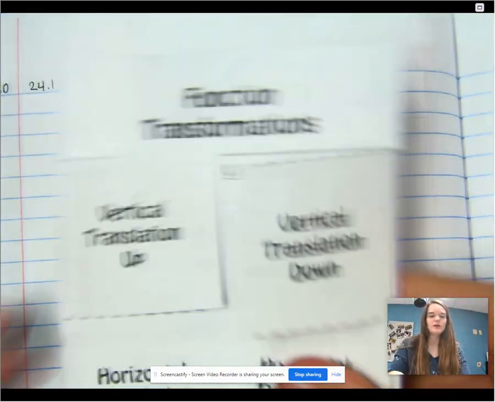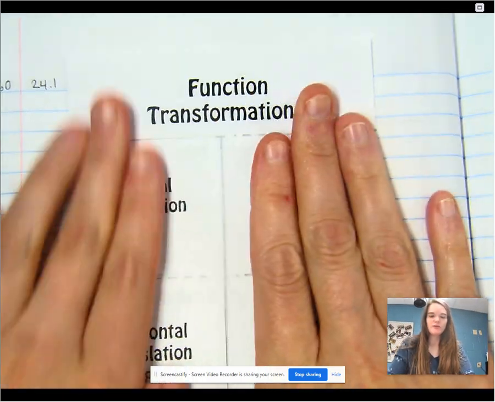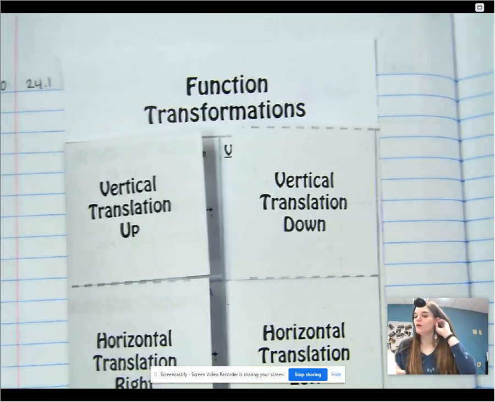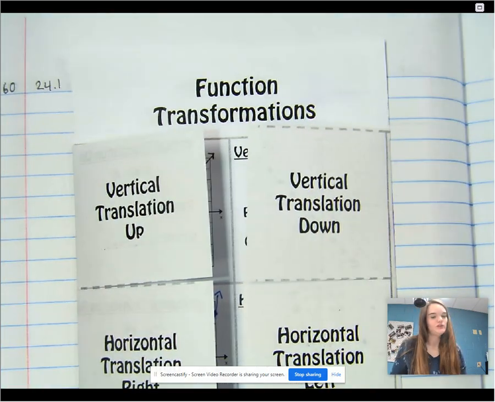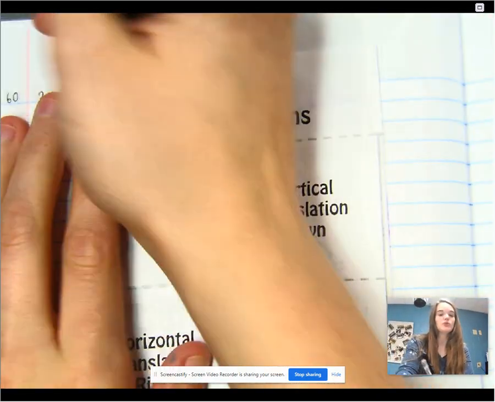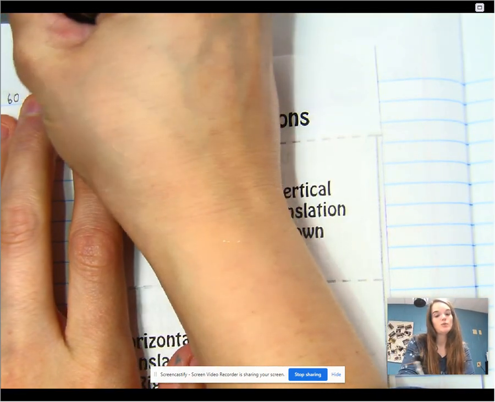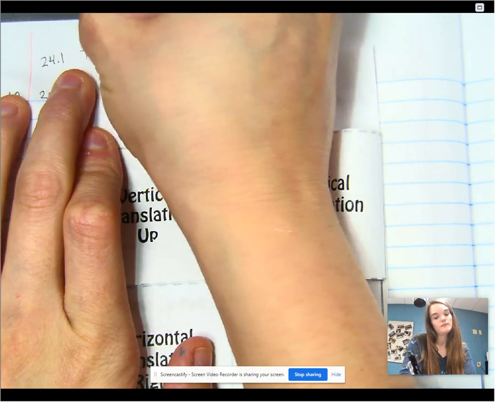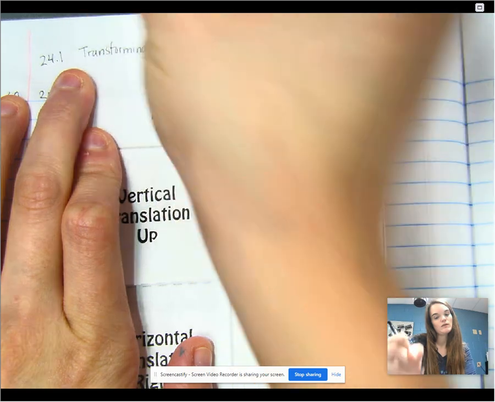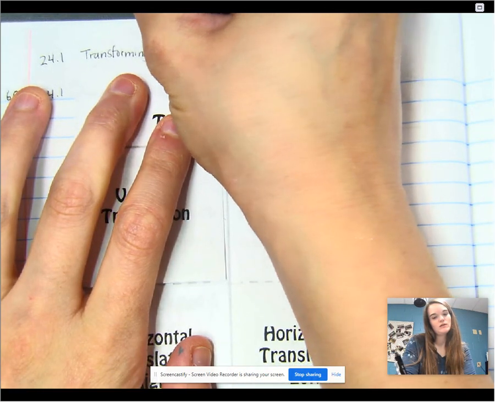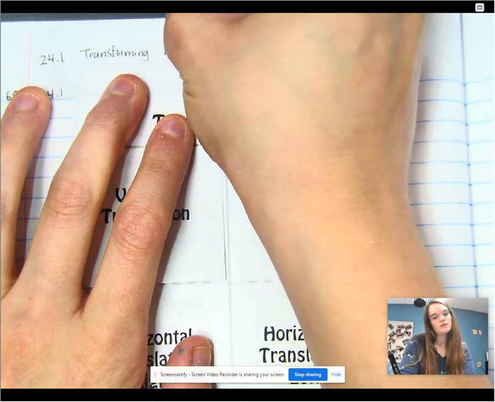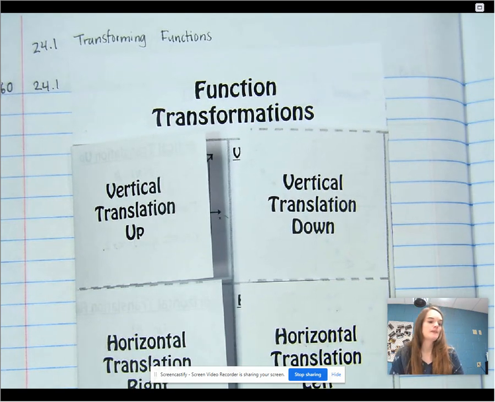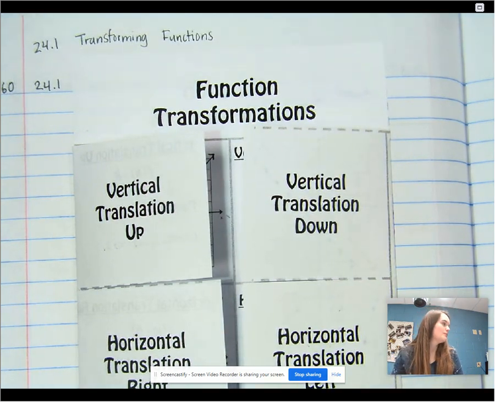You can either rewrite it, which is probably what I'm going to do, or it's on page 61. So I'm actually just going to rewrite it. 24.1, transforming functions. Okay. We will do page 61 tomorrow.